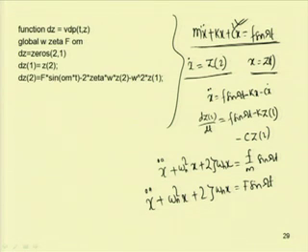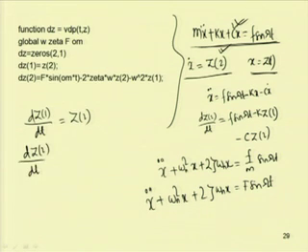The first is dz1 by dt equal to z2, and the second is dz2 by dt equal to f sin omega t minus omega n square x minus 2 zeta omega n x dot.